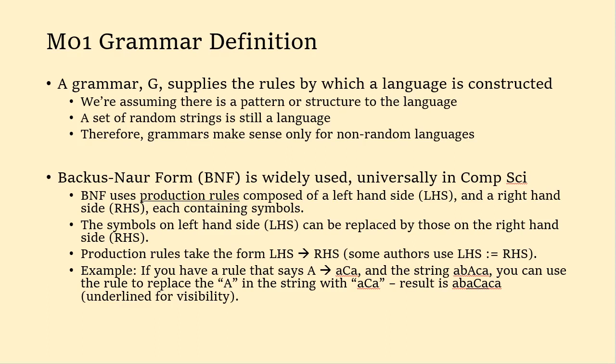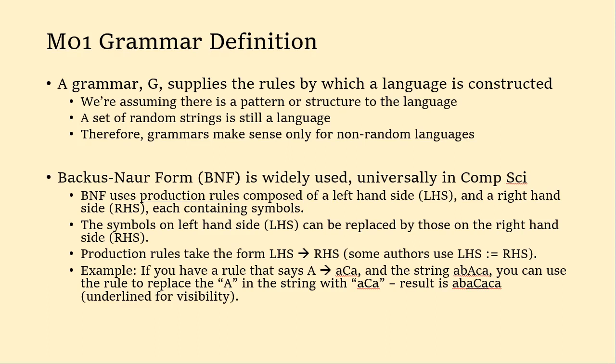It produces strings. And the way that it produces strings is it has two parts, the left-hand side and the right-hand side, which I'll pretty much abbreviate as LHS and RHS. Each side contains symbols. They're connected by an arrow. Some people use a colon followed by an equal sign.